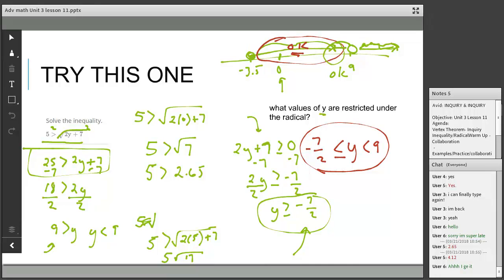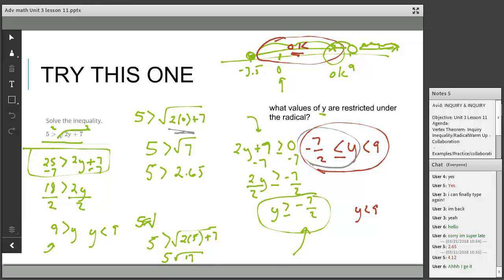Okay, that's your answer. If you just went through and solved it like a regular equality, you would just end up with the y is less than 9 part, and you wouldn't get this back half. You have to make sure that you test all your intervals. You wouldn't have gotten this part if you hadn't done the first step of checking under your radical sign. Oh, you get it. Okay.